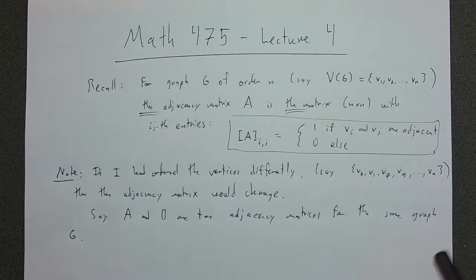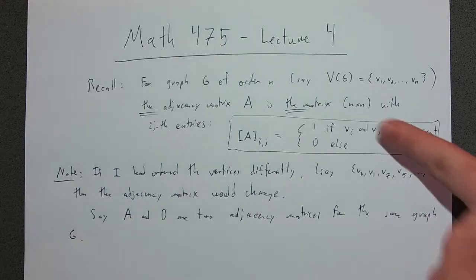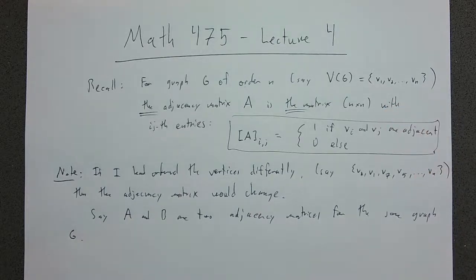It's just I have reordered the vertices. I have permuted the vertices, right? We're talking about what operation I performed on the vertices. They've been permuted from their original ordering here. So if I have two matrices that are different adjacency matrices of the same graph, what has to be true about A and B?